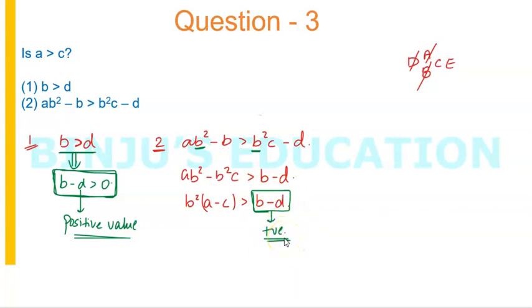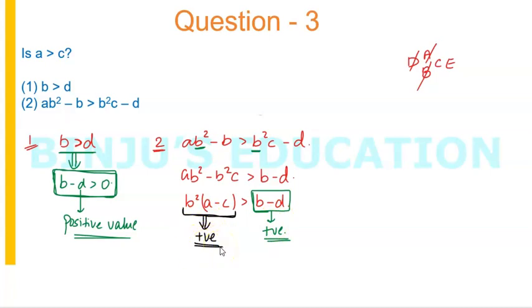Now, if B minus D is positive, since B square into (A minus C) is greater than B minus D, and B minus D is positive, can I say this number also has to be positive?